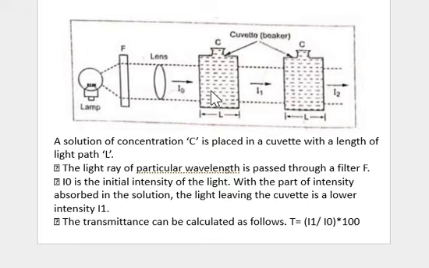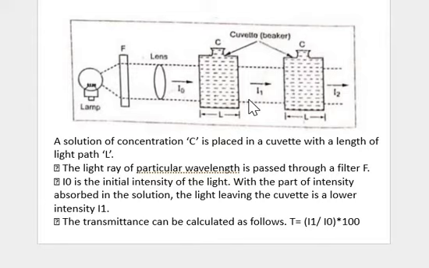When light of a particular wavelength passes through the filter F, the light from the lens, I naught, is initially incident on the cuvette. Then the light I1 is transmitted, leaving the cuvette and entering the other cuvette.